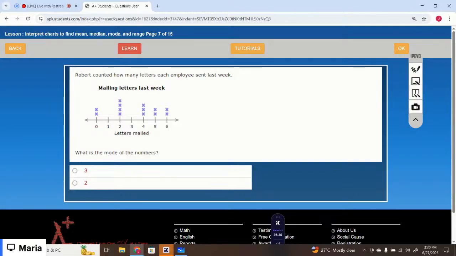Robert counted how many letters he received last week. What is the mode of the numbers? So which is the correct option?